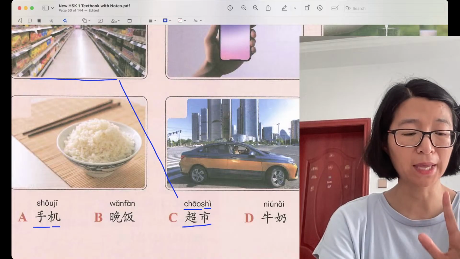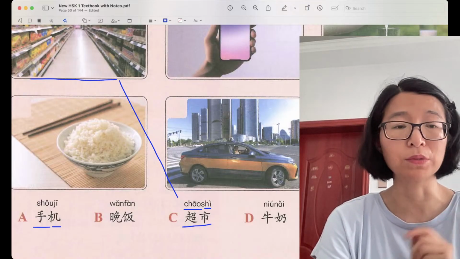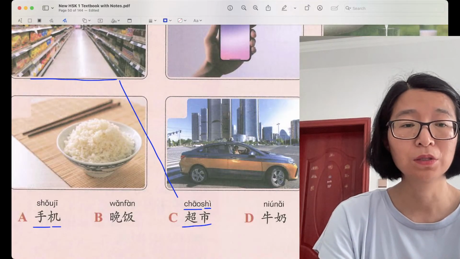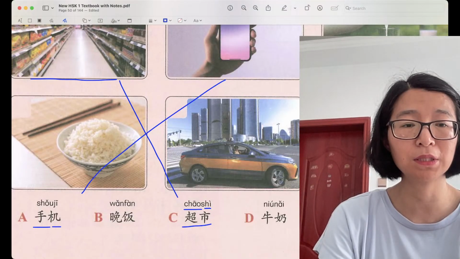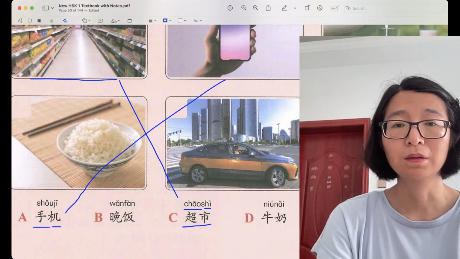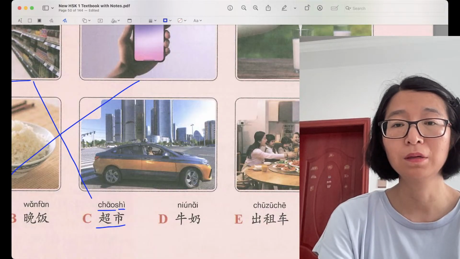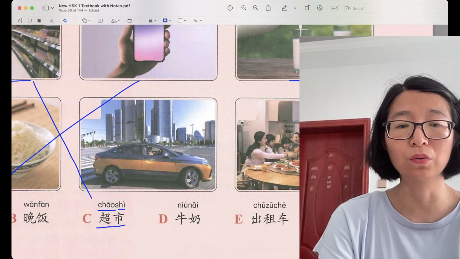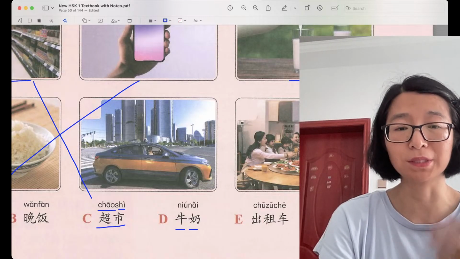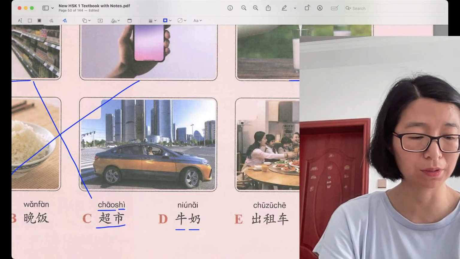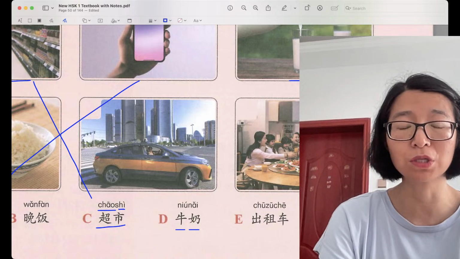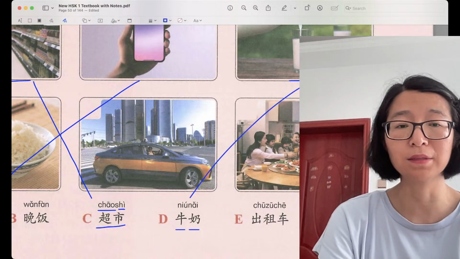Remember, 手 means hand, 机 means machine. So 手机, hand machine. Third picture. 这是什么? 这是牛奶. 牛 means cow, 奶 milk. 牛奶. So 这是牛奶.